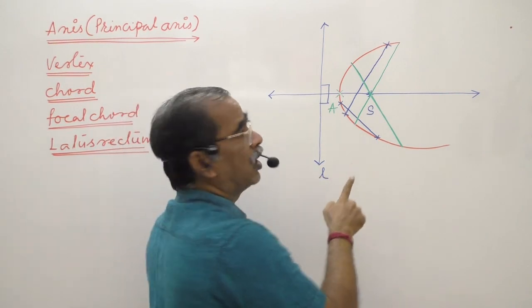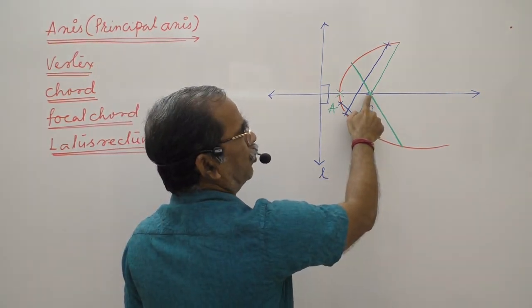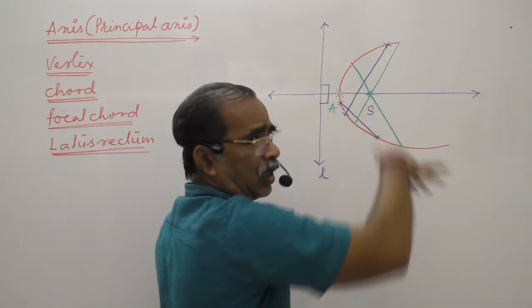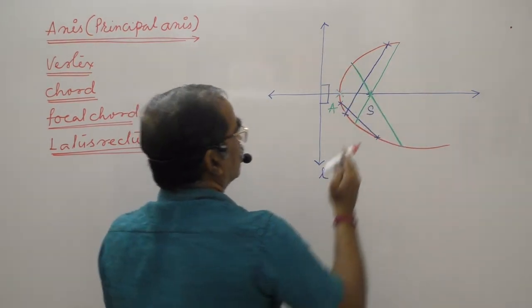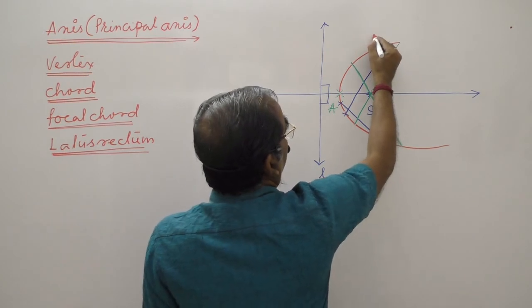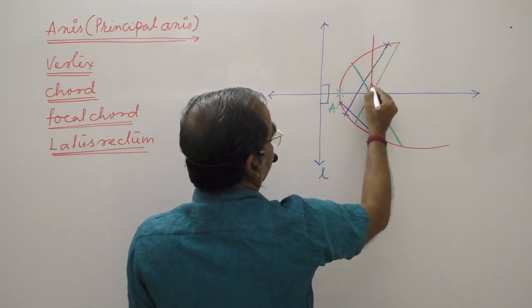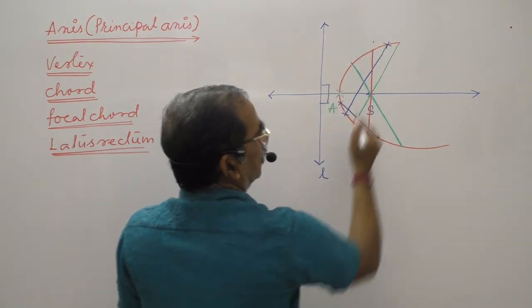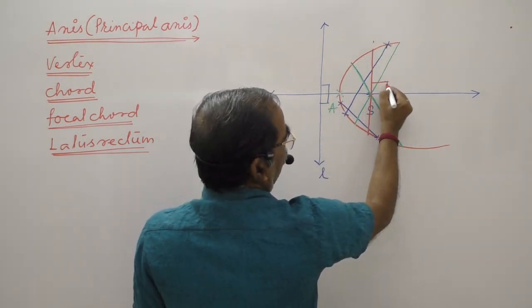What is a focal chord? A chord passing through the focus is called a focal chord. There can be many focal chords. Among those, one focal chord will be perpendicular to the axis like this. See, this one is perpendicular to the axis.